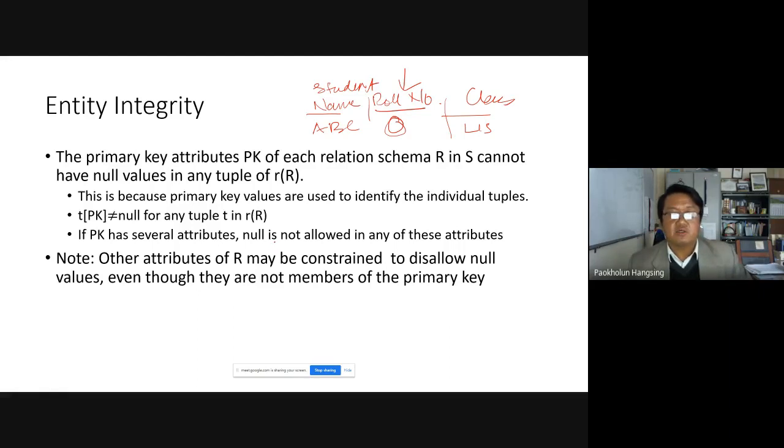In that case, none of those attribute values can be a null value, because it violates the entity integrity. Other attributes of R may also be constrained to disallow null values, even though they are not members of the primary key. Sometimes null is not allowed even in other attributes, even if that particular attribute is not a primary key.